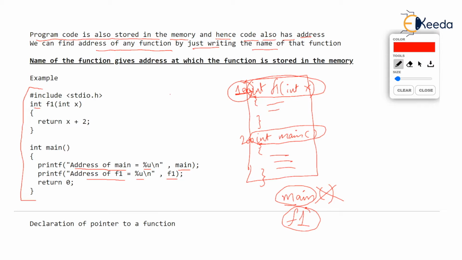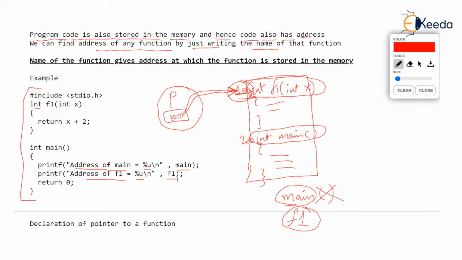This pointer also will be there in the memory, and we can ask the pointer to store the address of the function, so the pointer can point to the function. Remarkable, isn't it? We have a pointer which doesn't point to a variable now, but points to the program code. It points to the base address of a function called f1. We can do this. We can declare a pointer to a function. So that's what we are up to now.